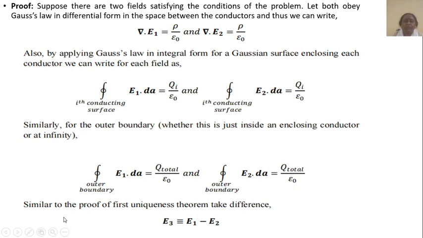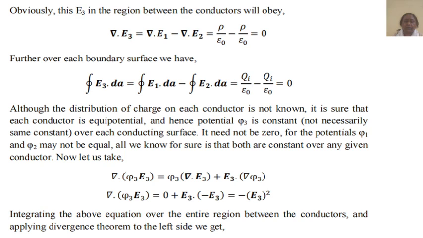Similar to the proof of the first uniqueness theorem, we take the difference, E3 equal to E1 minus E2. Obviously, E3 in the region between the conductors obeys del dot E3 equal to del dot E1 minus del dot E2, which is rho upon epsilon 0 minus rho upon epsilon 0, equal to 0.